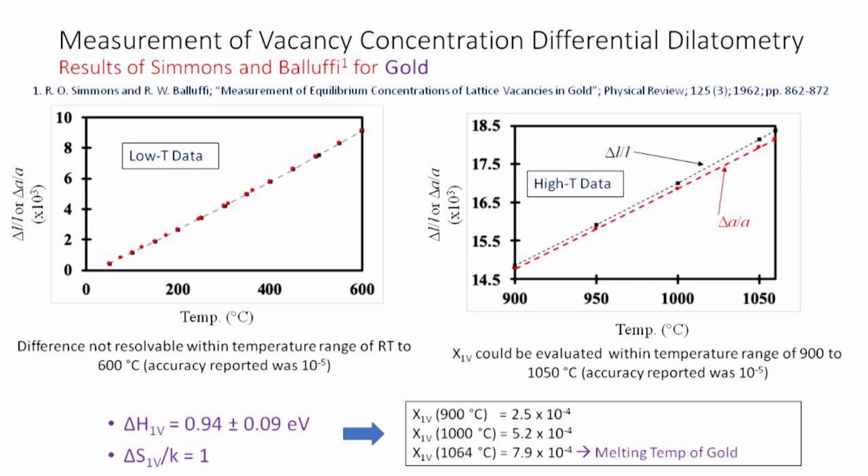With these parameters, if we estimate the vacancy concentration at 900 degree centigrade, it is about 2.5 times 10 to power minus 4. At 1000 degree centigrade, it is about 5.2 times 10 to power minus 4, and at 1064 degree Celsius, which is the melting temperature of gold, it comes out to be around 7.9 times 10 to power minus 4 site fractions.